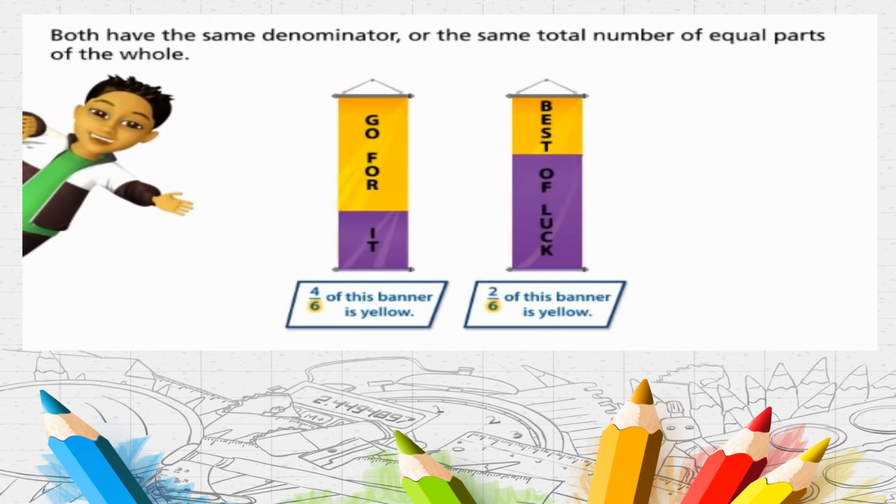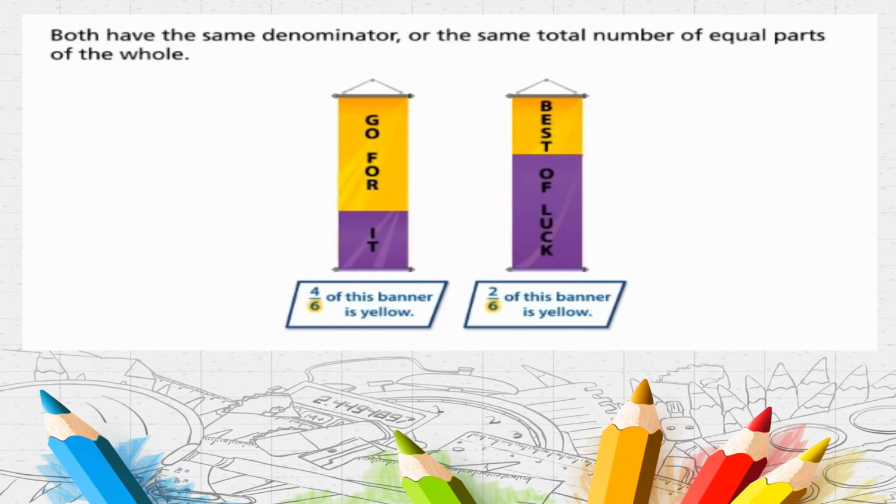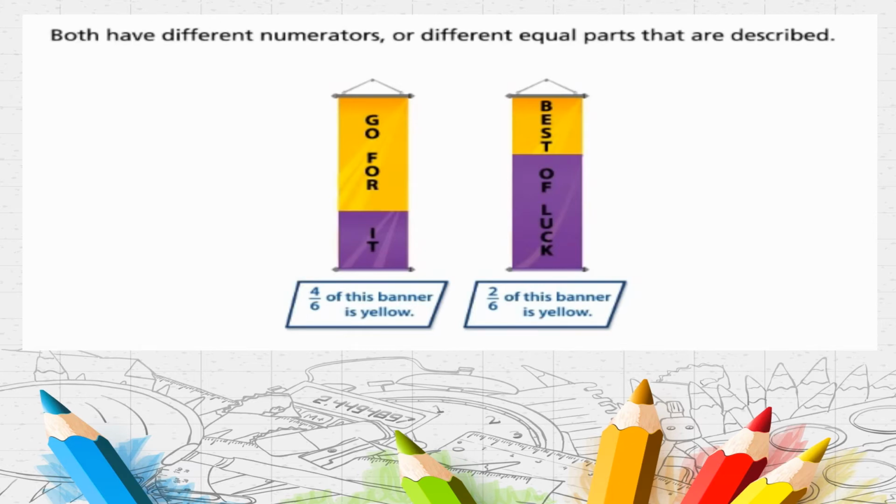The denominator is the number down under the numerator. How are 4/6 and 2/6 different? Both have different numerators, or different equal parts that are described.